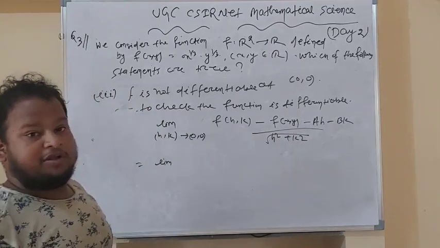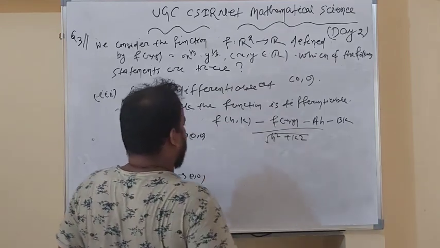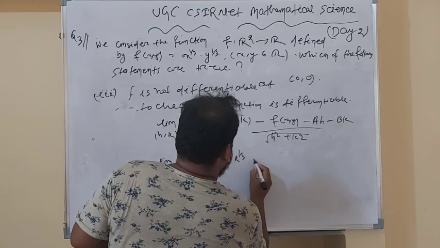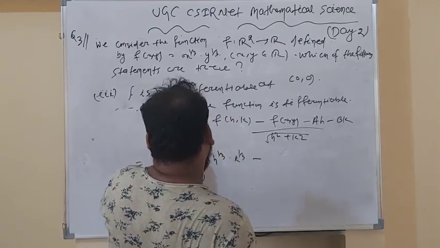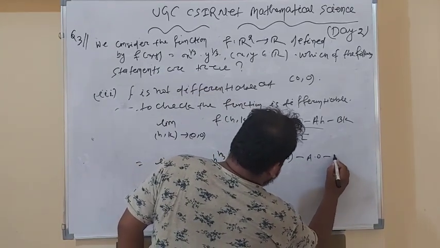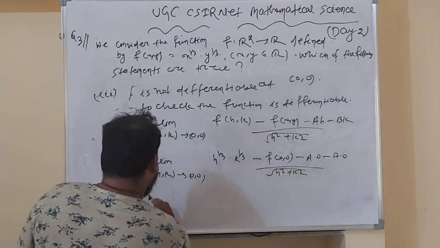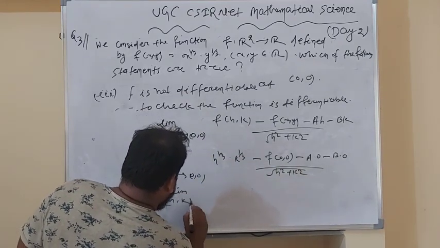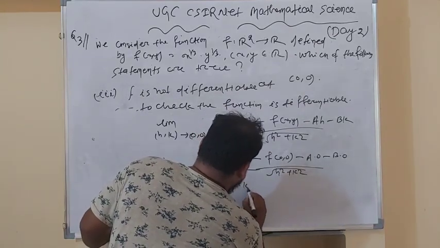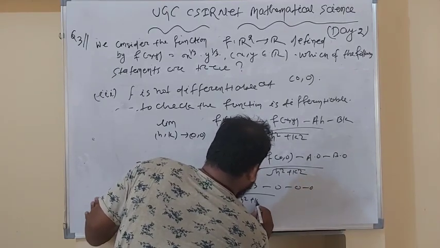According to the limit, as (h,k) tends to (0,0), we get h to the power 1/3 times k to the power 1/3 minus f(0,0) minus a times 0 minus b times 0, over the square root of h squared plus k squared.